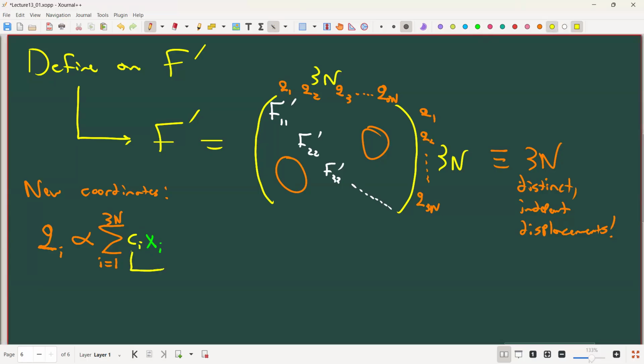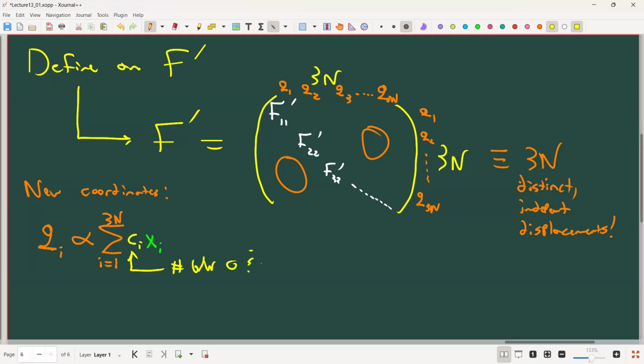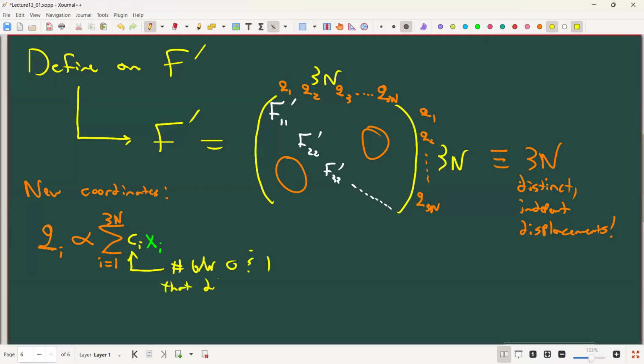Where c sub i is just a number between 0 and 1 that determines how the coordinates mix.